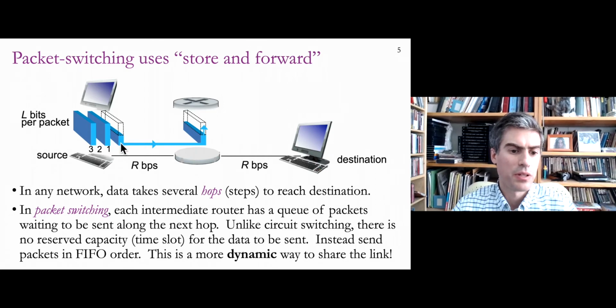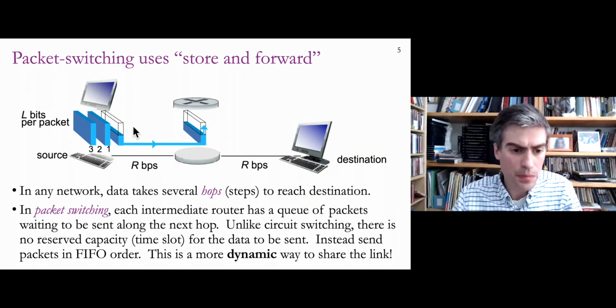The reason it's broken into packets is so that a small amount of data can be separately routed or transferred from sender to receiver, and we just have to figure out how to send each of those little packets.